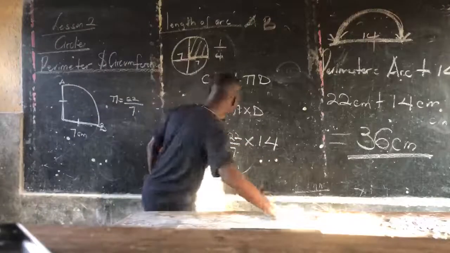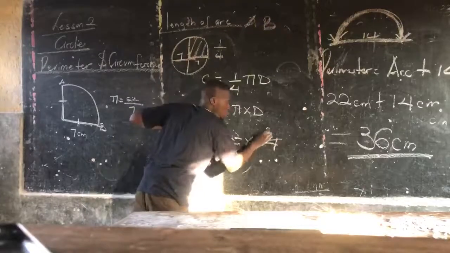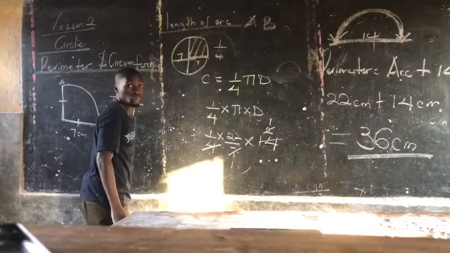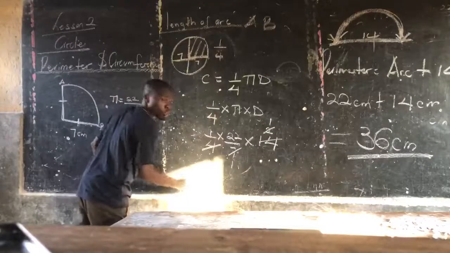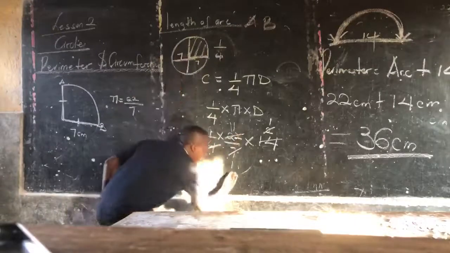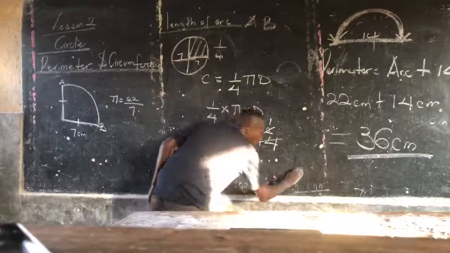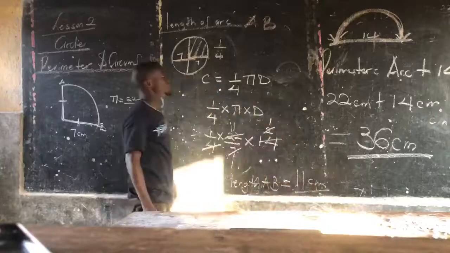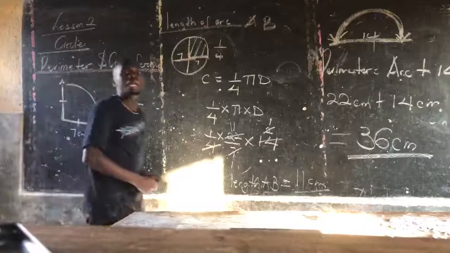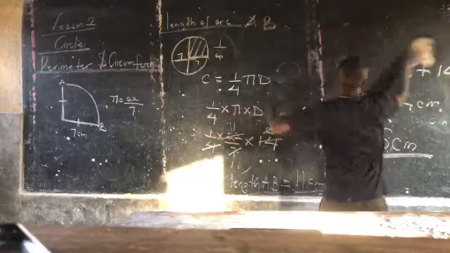Dividing by 7 once, by 7 again, and by 2 repeatedly, we get 11. So the length of the arc AB is 11 centimeters.